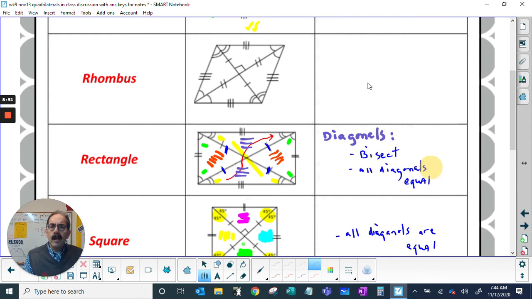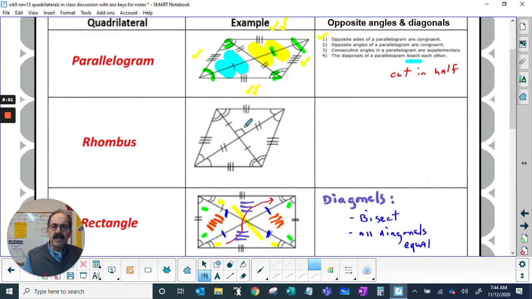But up in the rhombus, diagonals not equal. Diagonals are not equal.